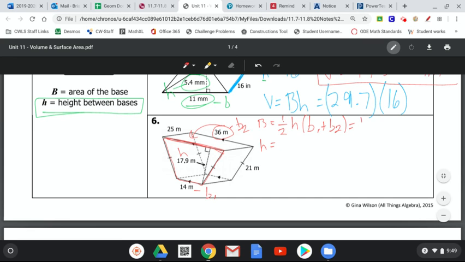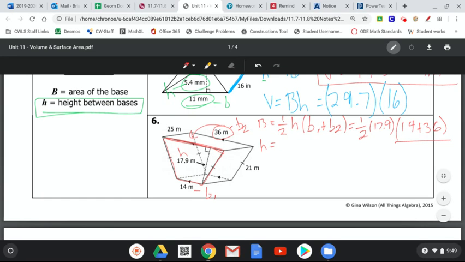So plug everything into our formula. It's 1/2 the height, which is 17.9, times 14 plus 36. And I think I say this every single time we're doing this, but I'm going to say it again. Plug the 14 plus 36 into your calculator first, then multiply by 17.9, then you can divide by 2, because multiplying by 1/2 is the same thing as dividing by 2.